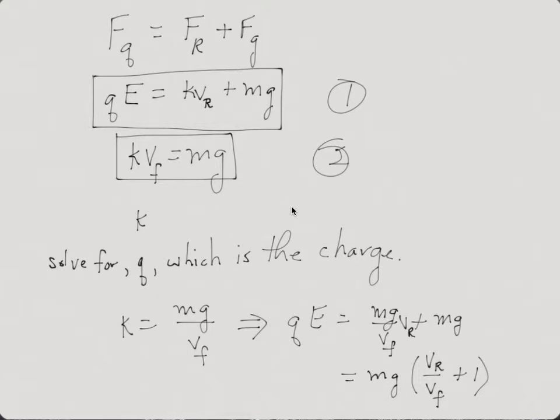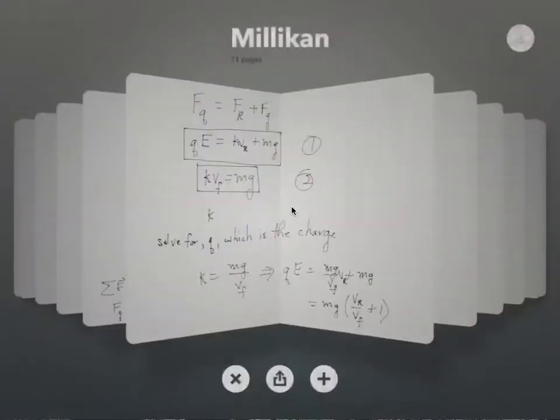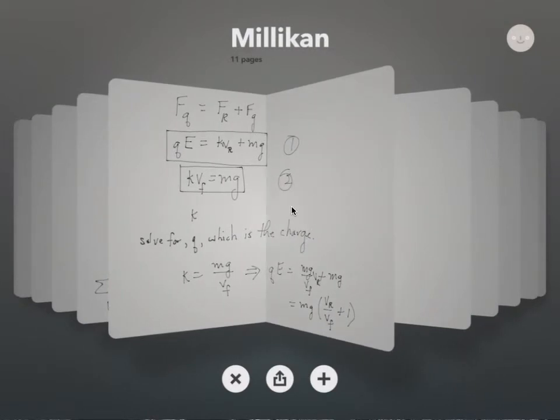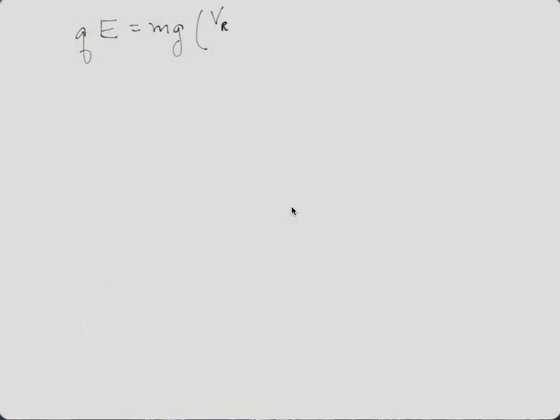So let's just write this a little bit neater. I'm going to take this over here. I'm going to say QE equals mg, and make sure I have this right, we have the rise velocity over the fall velocity plus 1. And now let's rewrite this. Let's just multiply 1 by 1.